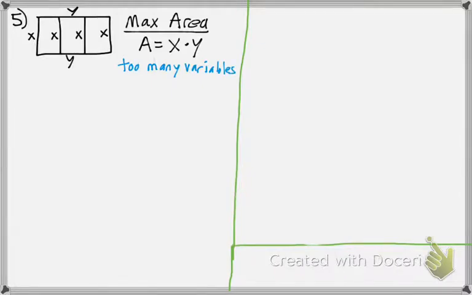So we need to use more information about the function in order to get our area function only in terms of X. So that information comes from the fencing.